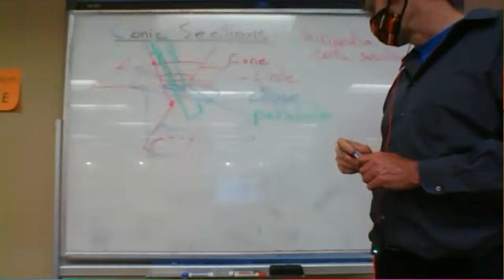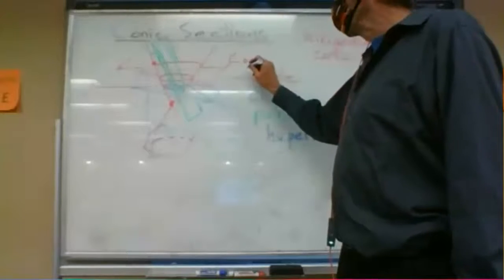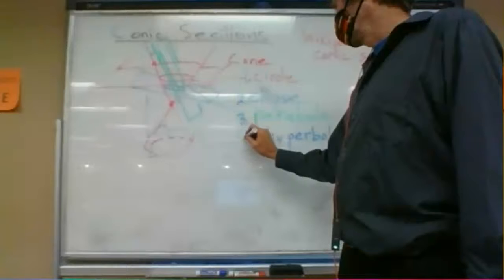What's that called, do you think? Those of you that saw some of this before. That one's called a hyperbola. Those are the four conic sections: circle, ellipse, parabola, and hyperbola.